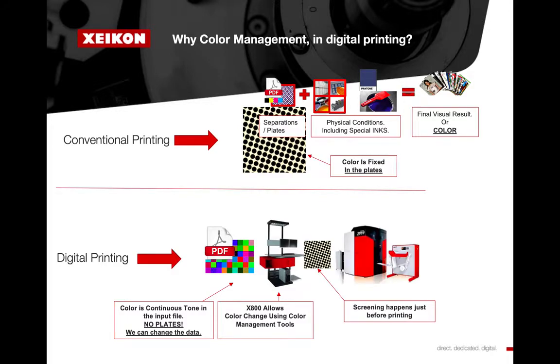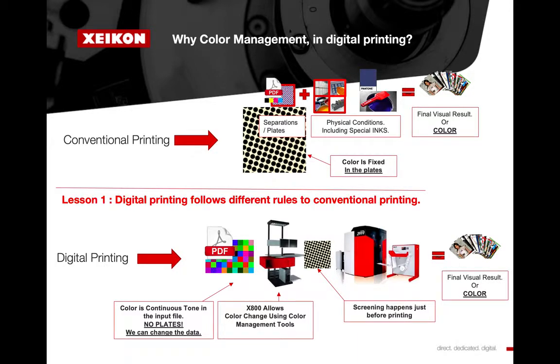And then we screen or make the plate right at the last second before it's printed. We get the same visual result, but the big lesson is digital printing follows different rules to conventional printing. Same result, different methods.